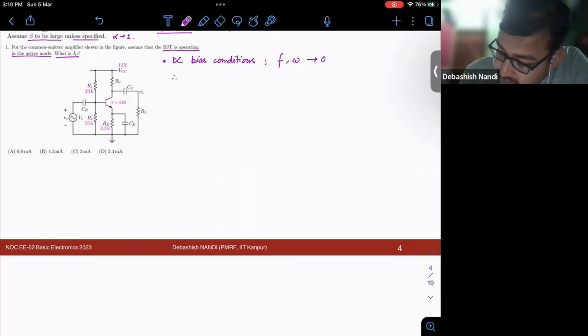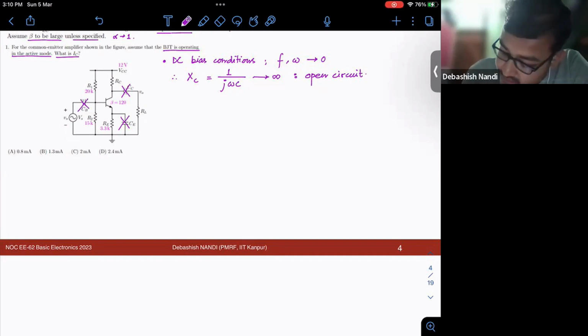That means your X_C, 1 over j omega C, whatever the value of capacitance is, will simply be infinite. That means we will treat this as an open circuit. Hence, you can ignore this.